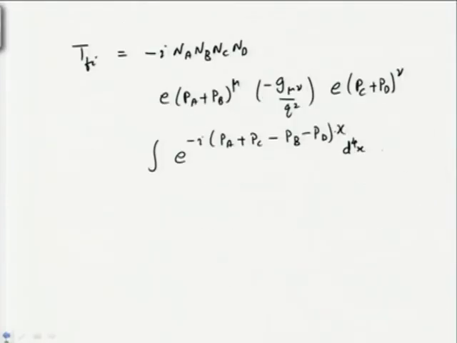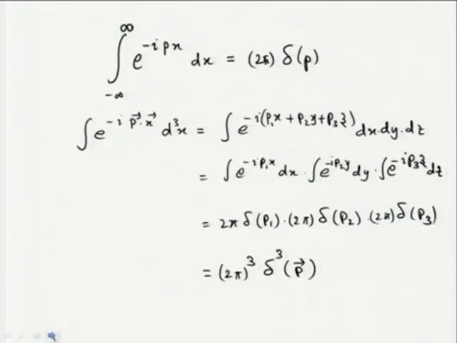In a similar fashion, look at what we have in T_fi. The last line, the integral of e to the power minus i (p_A + p_C − p_B − p_D), can be taken as some single entity q, or some capital Q, a combination of momenta, and together it is a 4-momentum dotted with x, d⁴x.